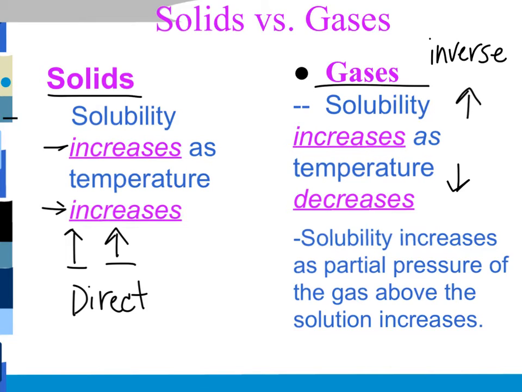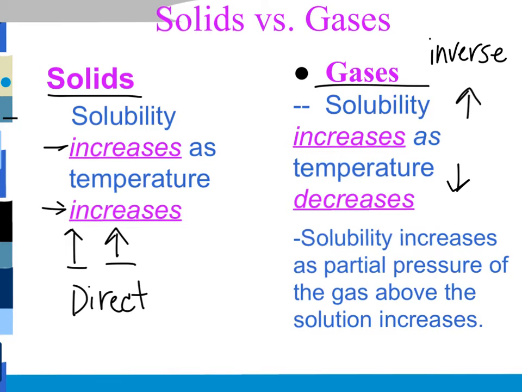If you ever had hot soda or room temperature soda, it might taste flat, meaning there's no carbonation. The gas is not dissolved into the soda. So that's why we stick it into the refrigerator to get that CO2 gas to dissolve into the soda so that it stays nice and carbonated. So you do need to know the difference between the solubility of gases and the solubility of solids.